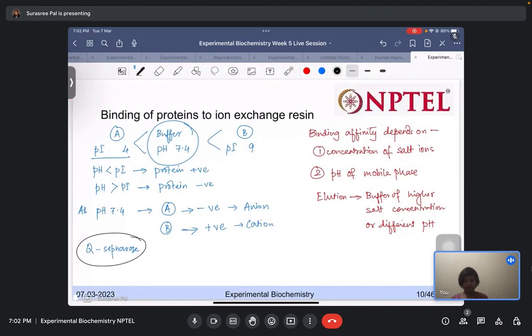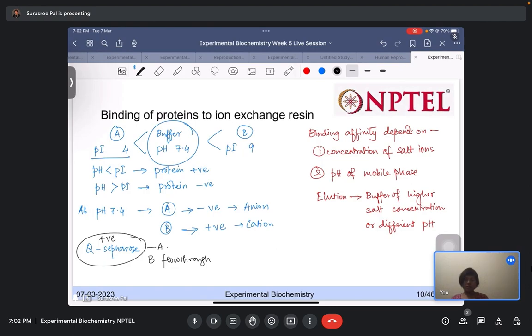Therefore the anionic protein, protein A, will bind to this Q-Sepharose, and protein B will come in the flow through. Protein B has a positive charge and the matrix is also positively charged, so protein B will come in the flow through. Now we have A which is bound to the positively charged matrix.